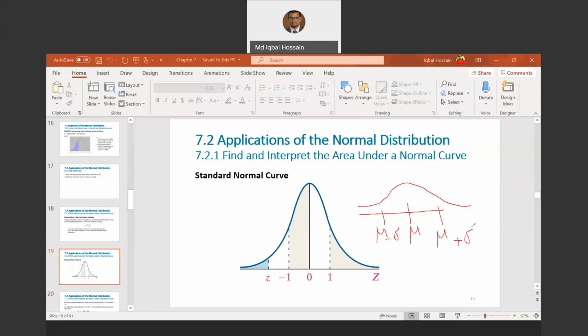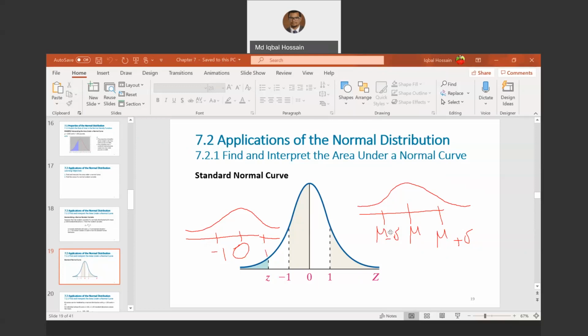In the standard normal curve we already know the value of the mean and these 2 points. The mean is 0, this point is -1, and this point is +1. So we know the values of these 3 points are -1, 0, and +1.